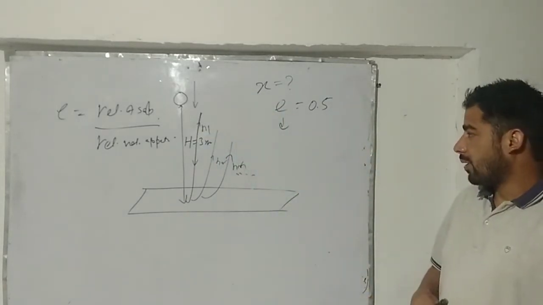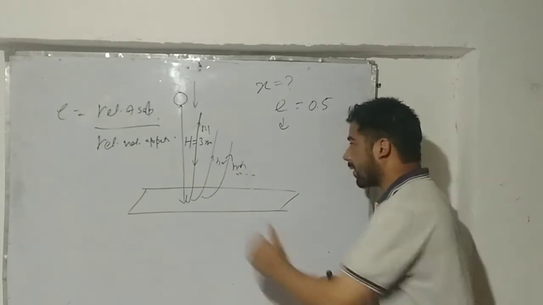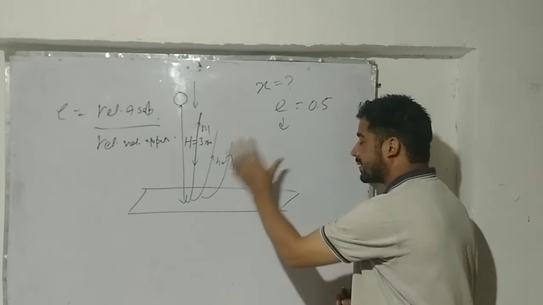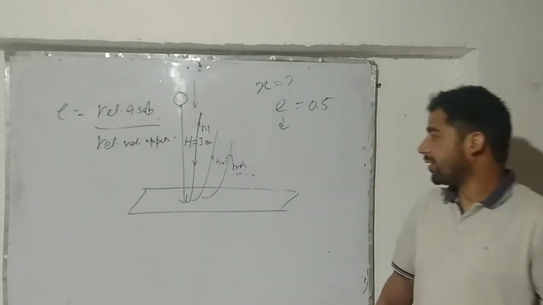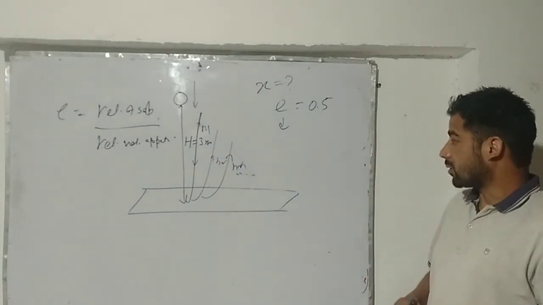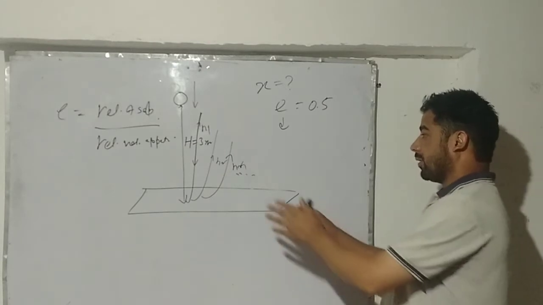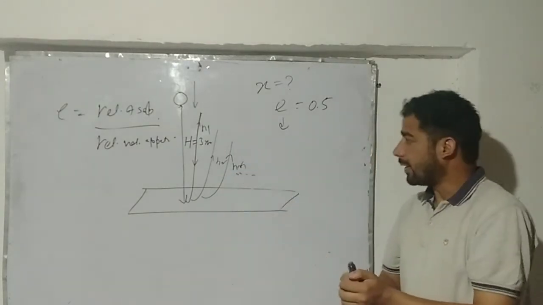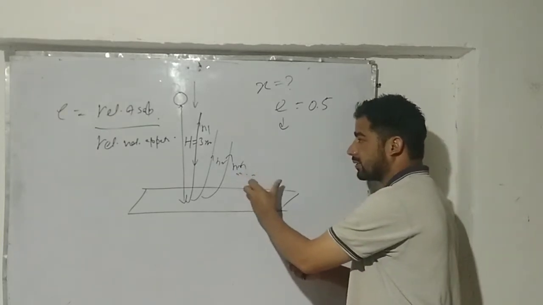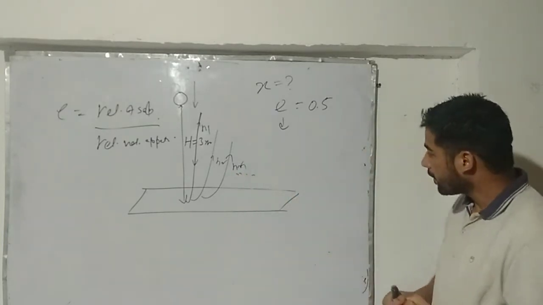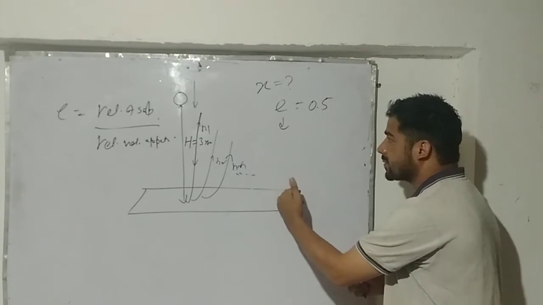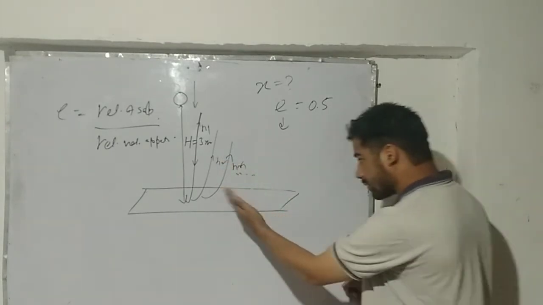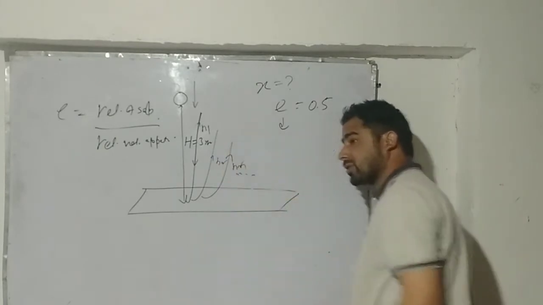After the third collision it attains a height of h3, but in each successive collision the height attained is less than the earlier one. As a result, the particle makes some number of collisions with the plate and ultimately stops.